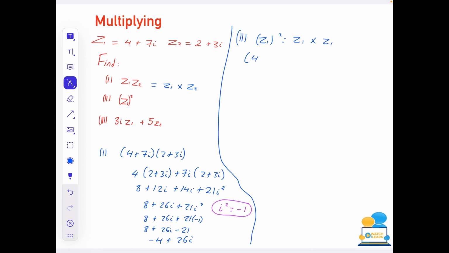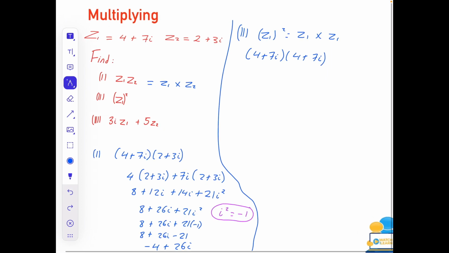Anything squared is just multiplied by itself. So it's going to be 4 plus 7i, 4 plus 7i. Now again, multiplying out 2 brackets. If you do it this way, with the arrows, that's fine. Or if you write down the second bracket twice and split up the first bracket, whichever works, as long as you get the same answer as I do here.